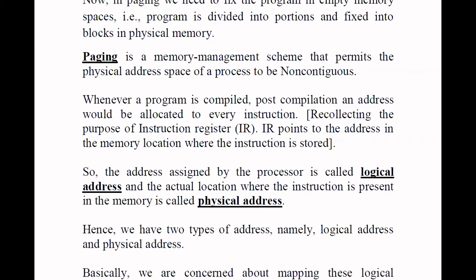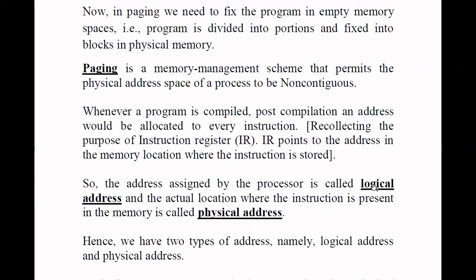The next process starts. This logical address is related to the address which has been scheduled or allocated by the CPU, and the physical address is the actual physical memory address space wherein the instruction is stored in memory. So with respect to paging, what we need to understand is how the logical address is mapped to the physical address.